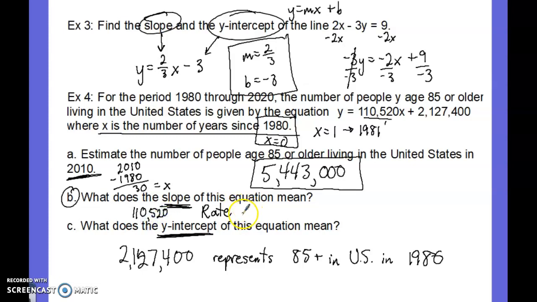It's the rate of increase, and it's an increase because it's a positive number, of 85 plus in the U.S. And then use this word a lot, per, because it's a rate per year. So since 1980, which we kind of answered in part C. So these are the kind of words that I'm looking for when you answer these questions, if a word problem shows up on a test coming up.